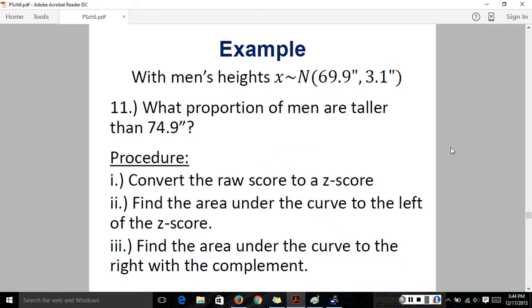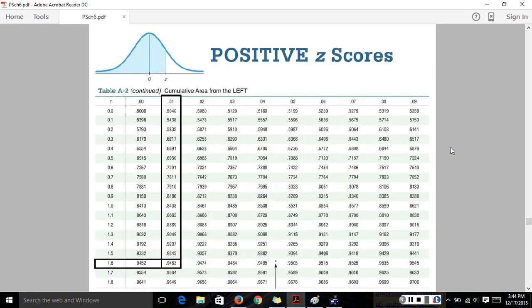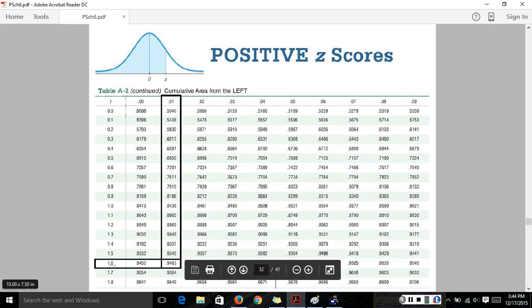The process will be that I will look at the z-score table, find the area under the curve to the left of the z-score, and then I'll use complements to find the area to the right. All right, here's my positive z-score page. I go to 1.6, line that up with 0.01, and I get 0.9463.